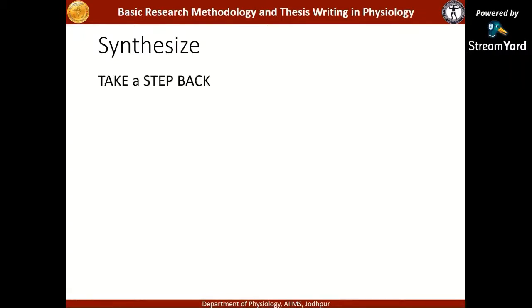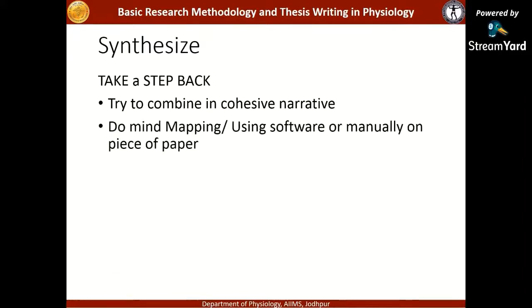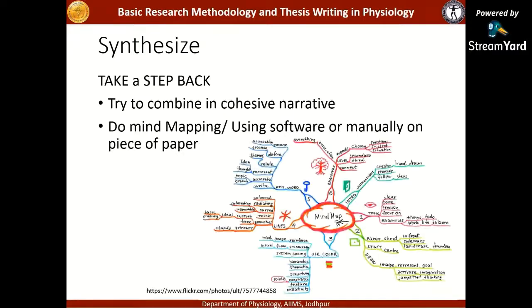Now take a step back. Try to combine all the information in a cohesive narrative. Do mind mapping using software or manually on a piece of paper. This is something like a mind map. Introduce your topic, decide your topics which are clear and precise, and go for the subtopics.